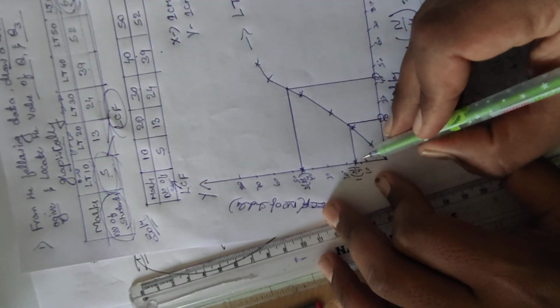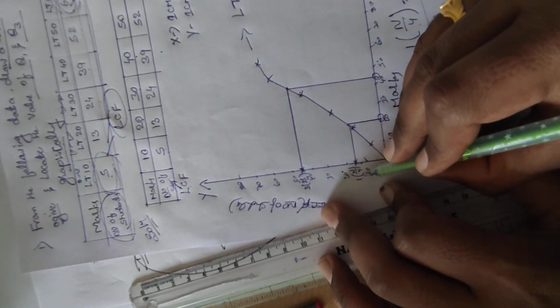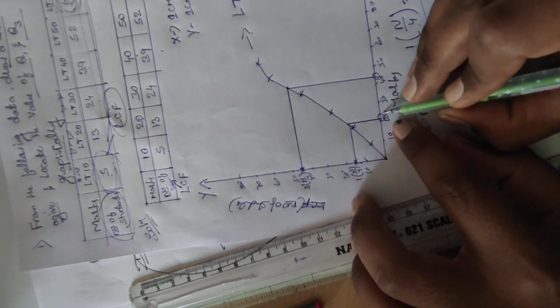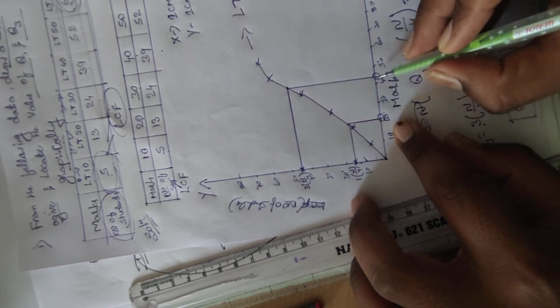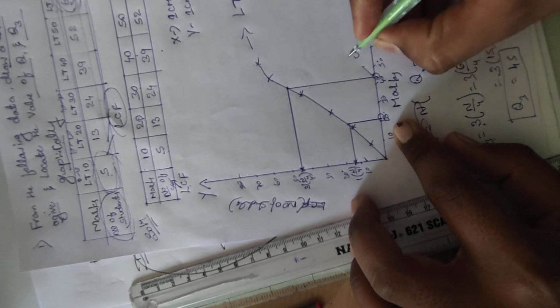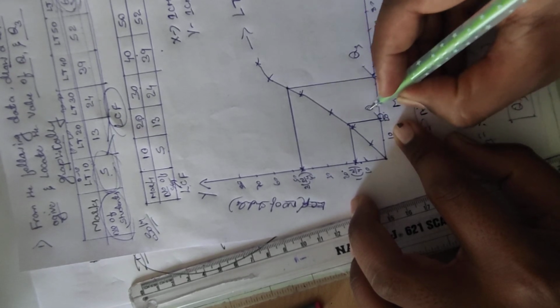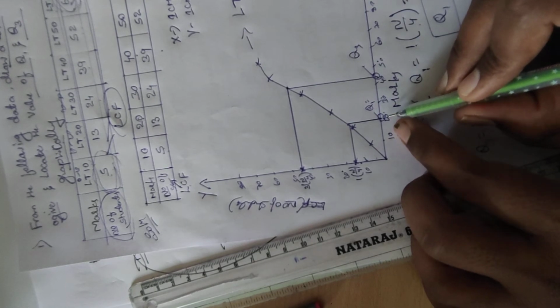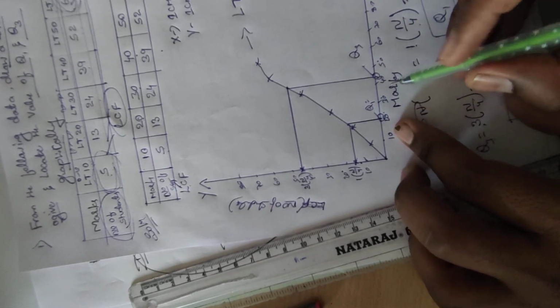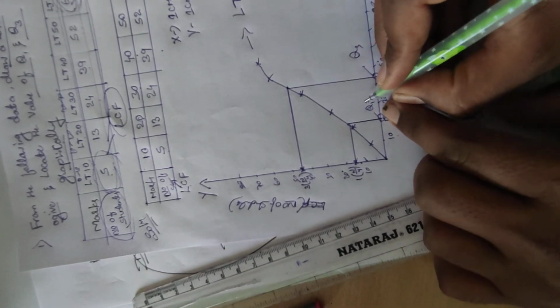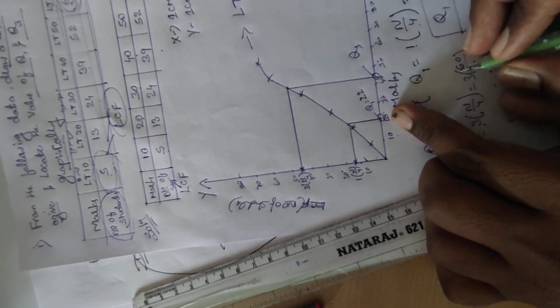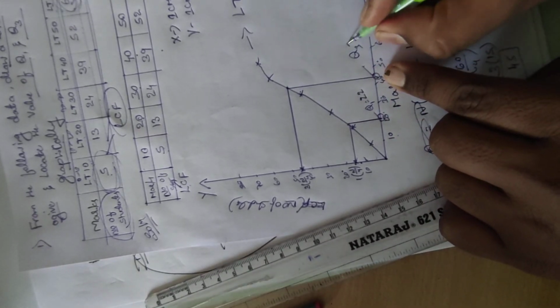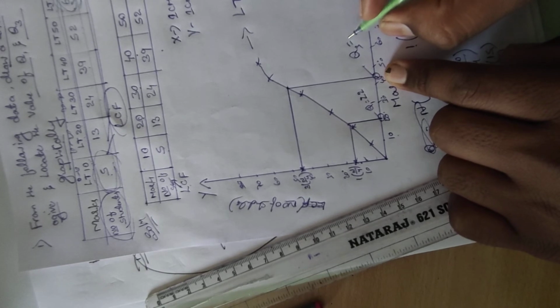When we connect from the y axis to the x axis, the x axis values are called the Q1 and Q3 values. If you use the graphical method, definitely you can get a proper answer. So Q1 is equal to 22, and Q3 is equal to 44.